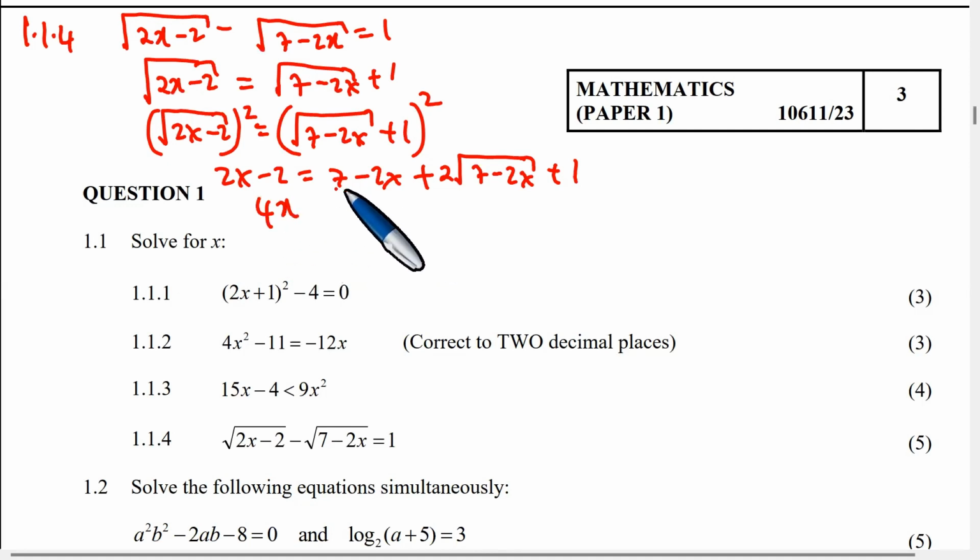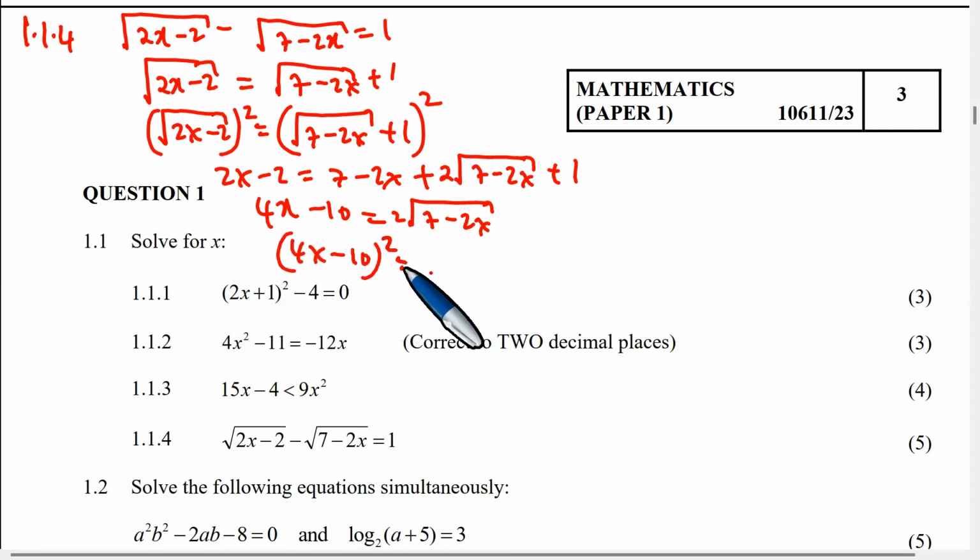Right, and then we have this one, 7 plus that, minus 10, equals 2 into the square root, minus 2x. At this point, you can square both sides. You square the left, you square the right. This is perfectly grade 11 work. If you square like this, what do you get?